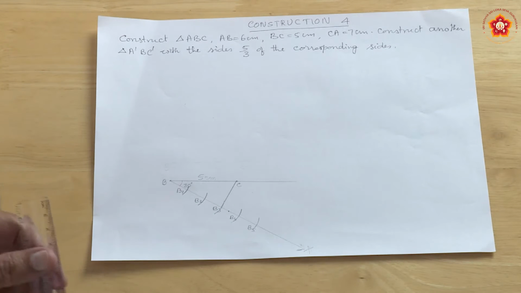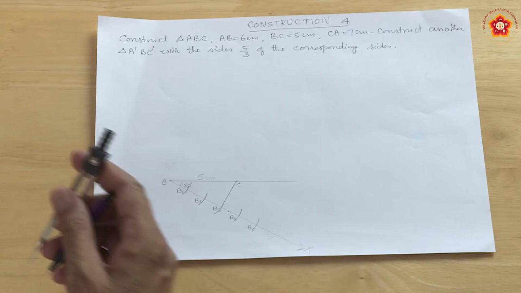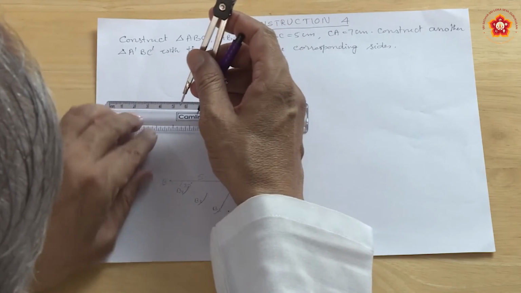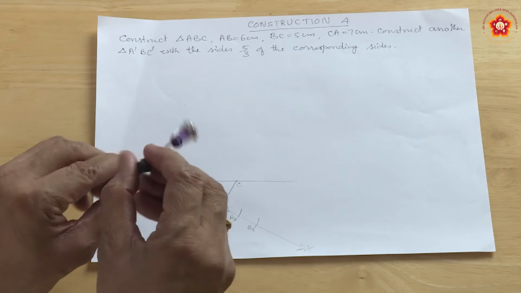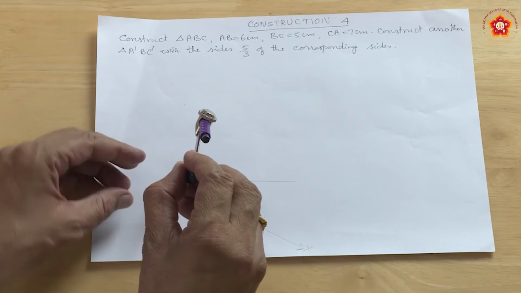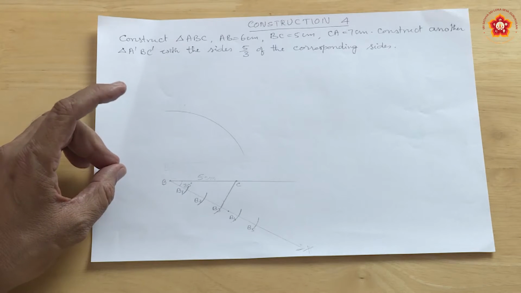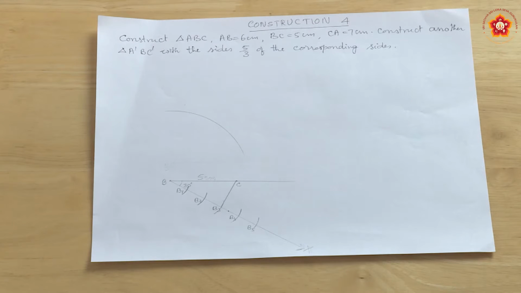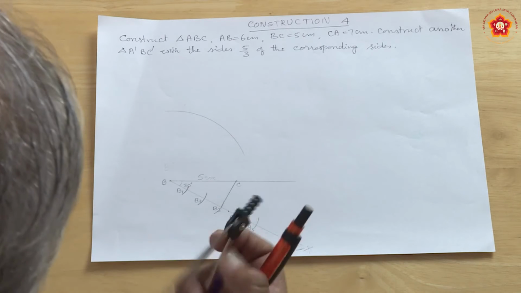So before that we will draw the triangle now. AB should be 6 centimeters. So take a scale and take the measurement as 6 centimeters. From B, draw an arc of 6 centimeters. It should be a sharp arc, and one more arc we have to draw from C of measurement 7 centimeters.